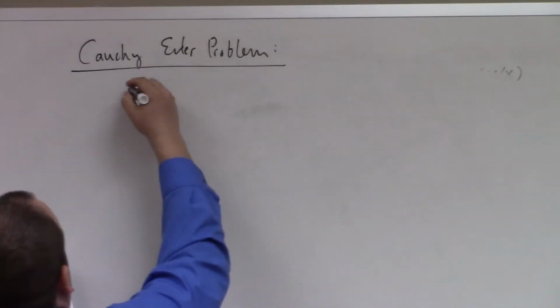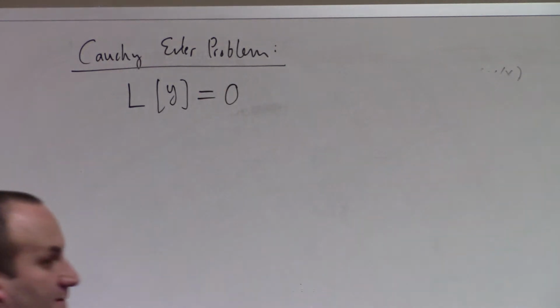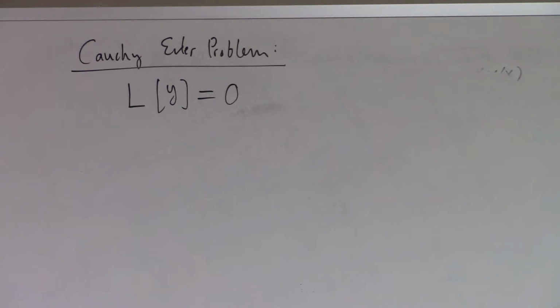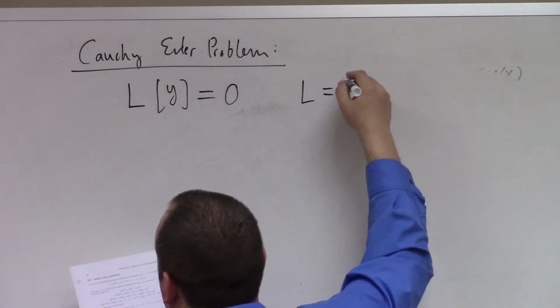That's why it's called equidimensional. So in this case, we look at L of y, and we'll just look at the homogeneous case. That suffices, because once we know how to find the homogeneous solution, the fundamental solution set, variation of parameters takes over. So it suffices to figure out the homogeneous solution.